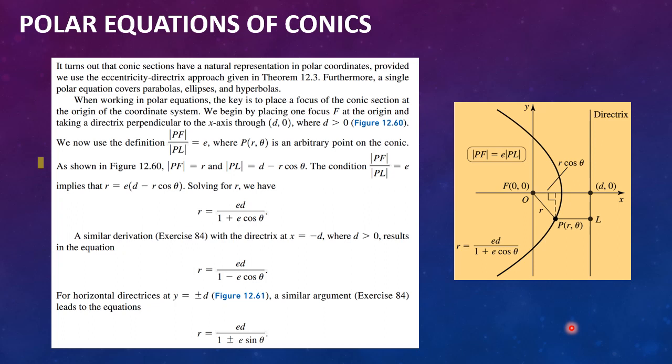We now use the definition that the distance PF over PL, PF being the distance from a point on the graph to the focus, and PL being the perpendicular distance from the directrix to that point, equals the eccentricity constant, where P(r, theta) is an arbitrary point on the conic section or the graph.